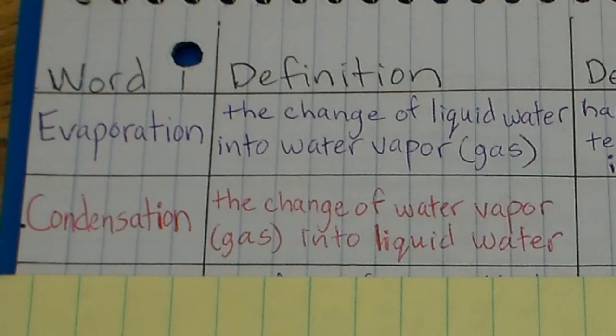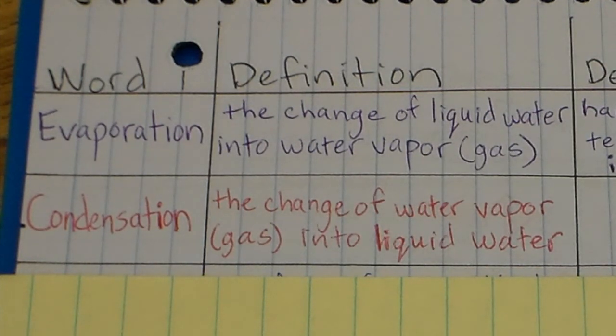The definition of condensation is the change of water vapor, which is a gas, into liquid water. So again, now we're going the opposite way. The gas is slowing down to become a liquid.